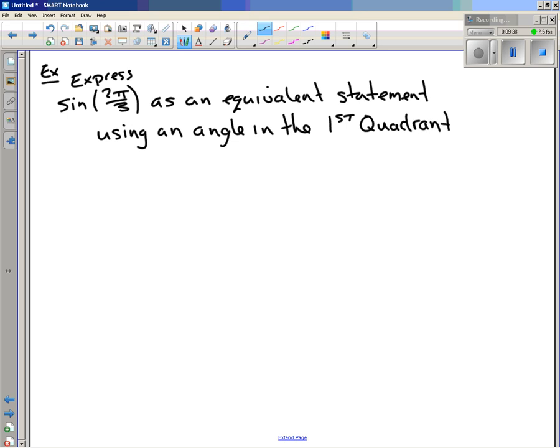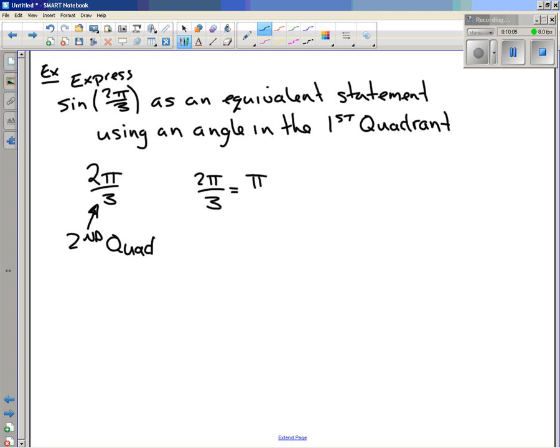Okay, so we know 2 pi over 3 is in the second quadrant. We want to find an equivalent expression that uses an angle in the first quadrant. So again, we know that 2 pi over 3 is in our second quadrant, and we want to say, all right, well, 2 pi over 3 is something in our first quadrant plus 90 degrees.